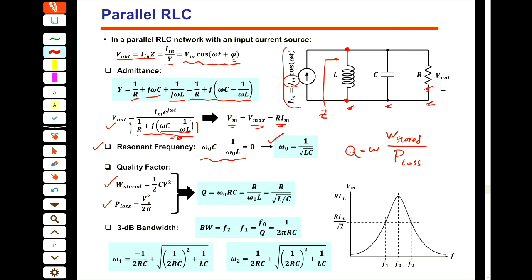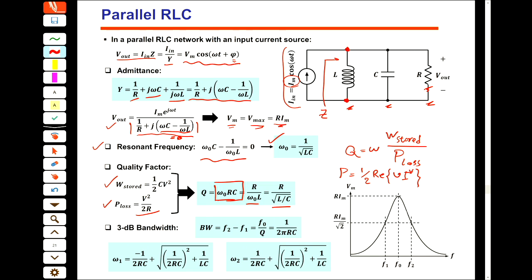So the power lost, we know, is 1 over 2 the real part of V I conjugate. Okay, and then it comes from here. And then we find the Q factor as these equations. We usually take this one because it's easier to memorize. So the Q factor of a parallel RLC circuit is omega RC.